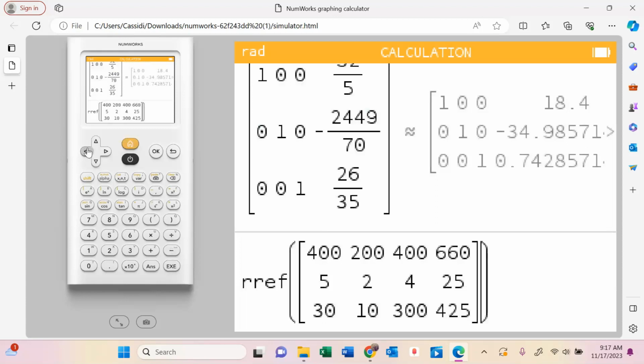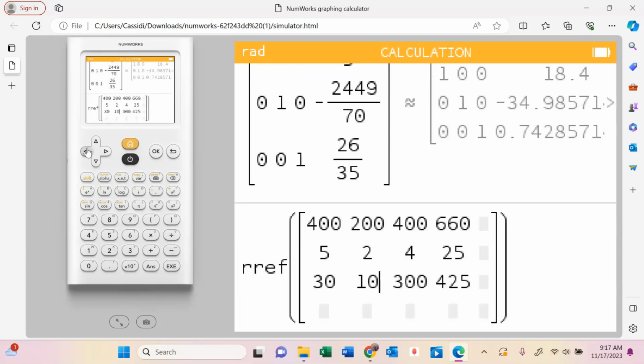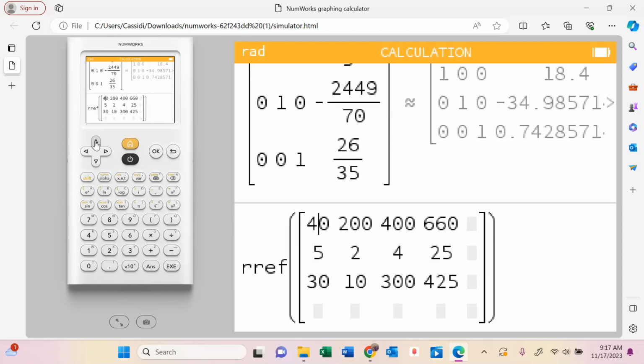So I'm going to go in here and double check all my numbers again, because this was supposed to be 40. So it's 40, 5, 30, 200, 2, 10, 400, 4, 300, 660, 25, and 425. Ooh, it is right this time.